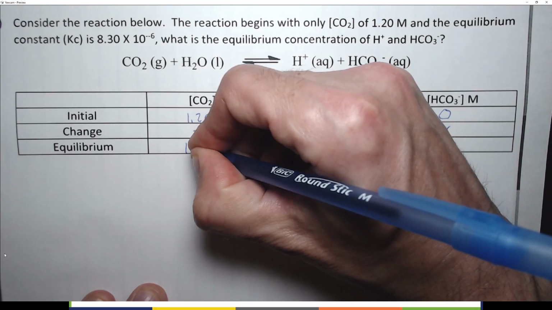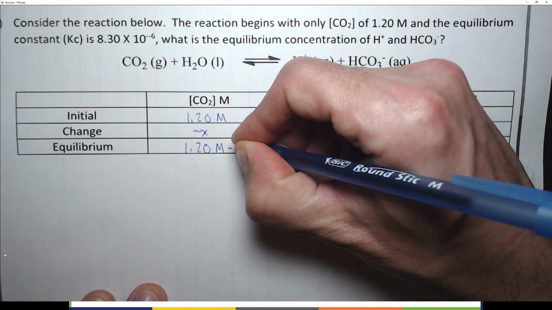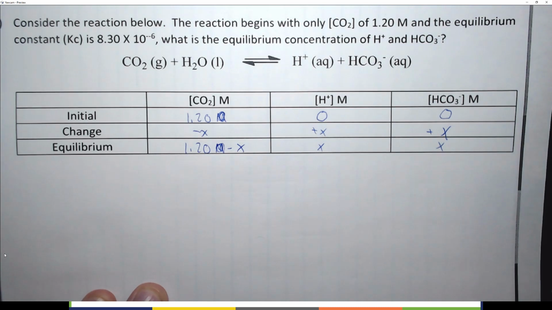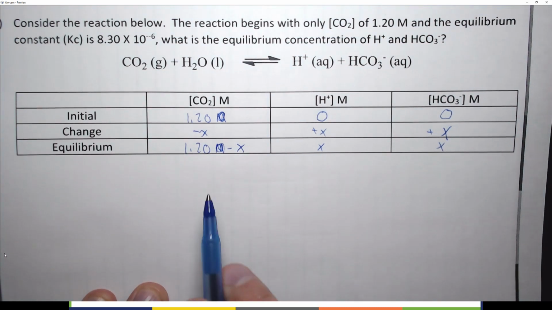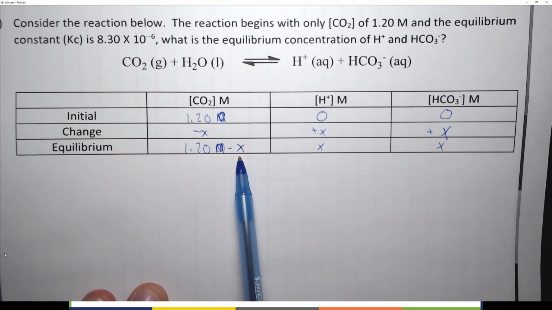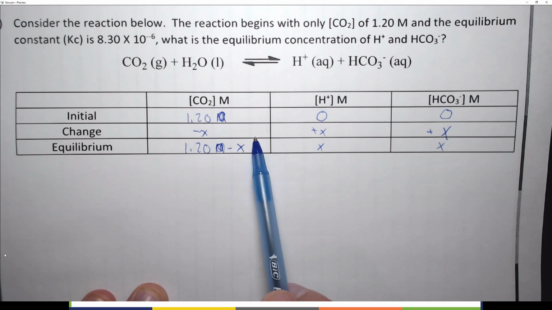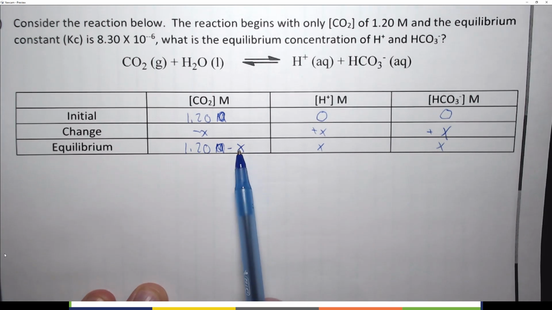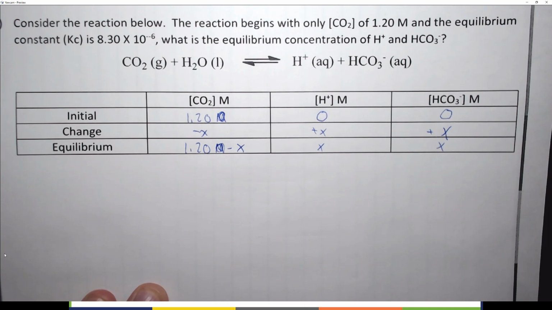So we have 1.20 molar minus x. Remember what I said before. In the examples that I'm going to present, we can ignore the x so we don't have to use the quadratic equation. Even here, even though this isn't squared, I'm still going to end up with an x squared term and an x term, which means I'd have to use the quadratic equation.